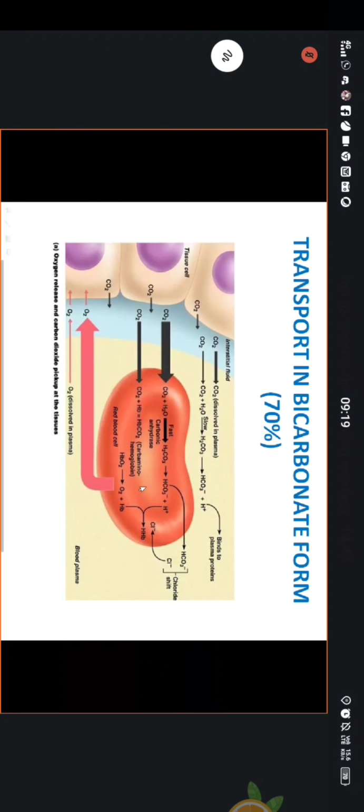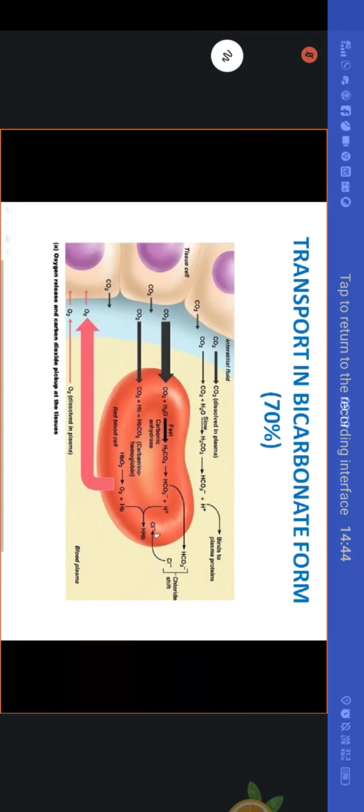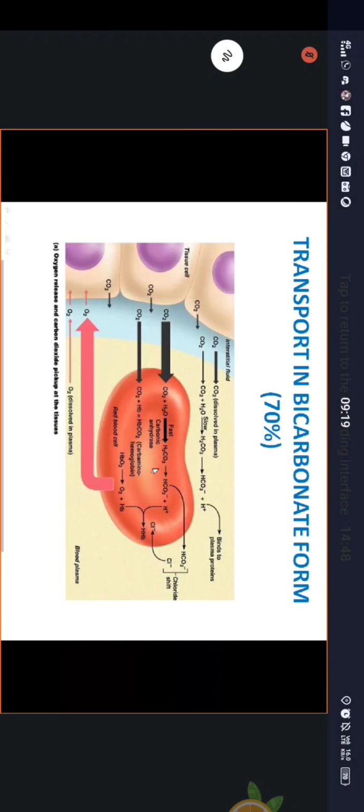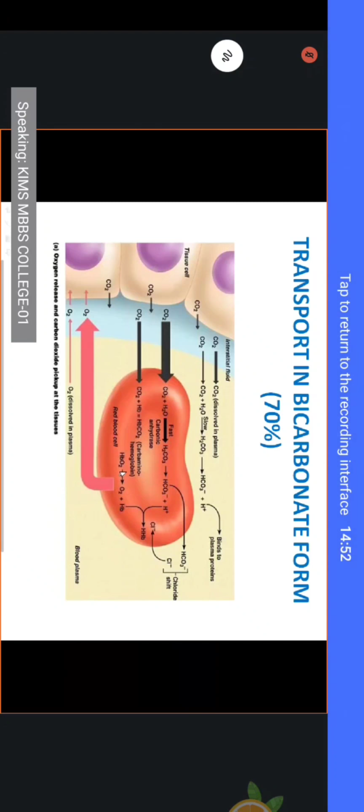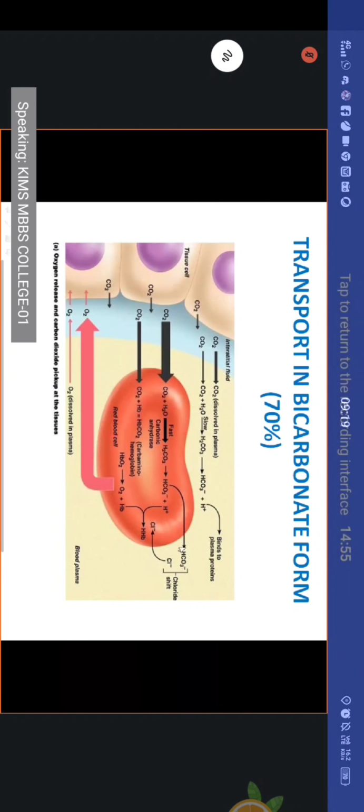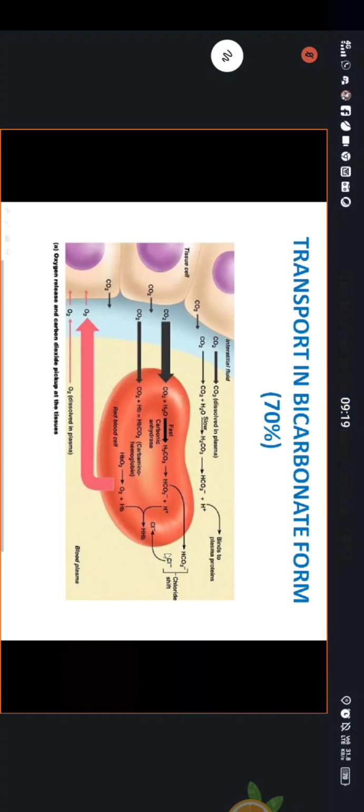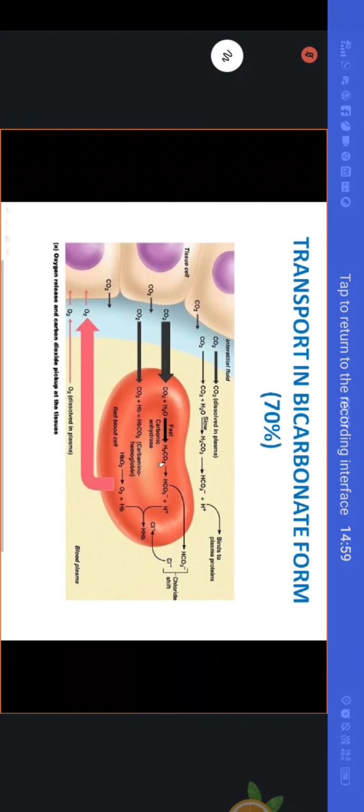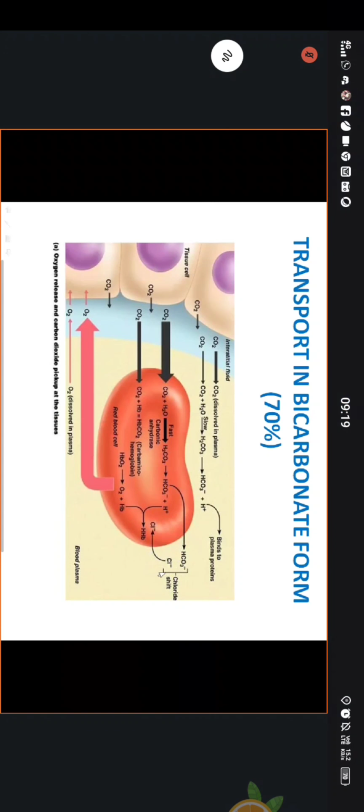To neutralize this, we need more negative ions, as the RBC membrane is usually impermeable to cations. So to compensate for this lost negativity, chloride, which is also a negative ion, enters the RBC. This is called the chloride shift mechanism.